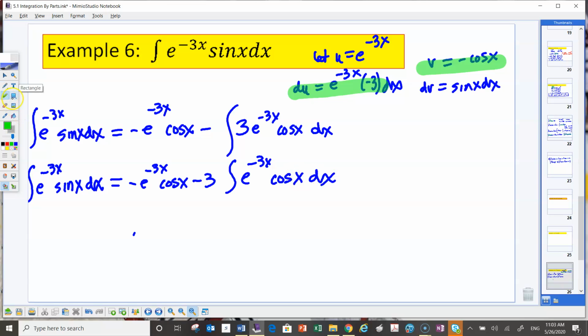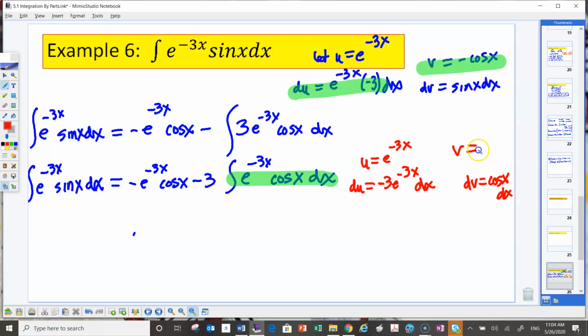Now I have to use integration by parts again to integrate that part. In this part, I'm going to again let u equal e to the negative 3x, and du is going to be negative 3e to the negative 3x dx. dv was cos x dx, so v works out to be sine x.